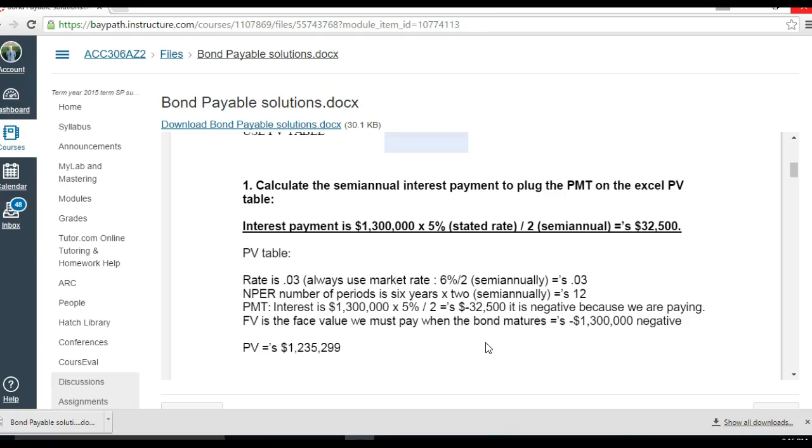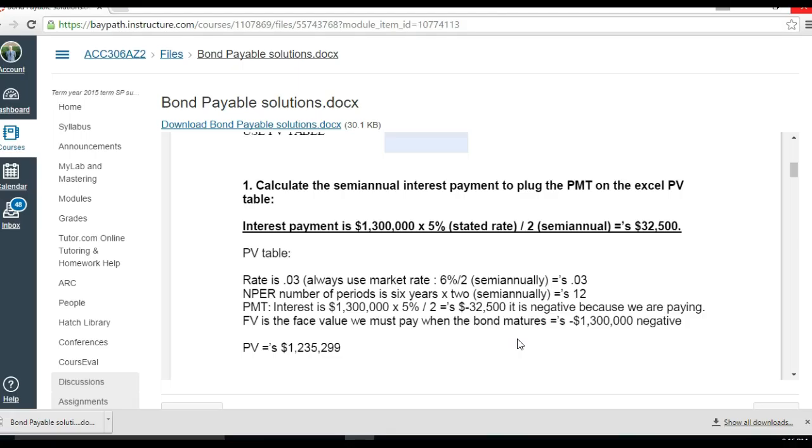In the payment part of your financial present value Excel, you're going to take that same $32,500, which I've shown you how to calculate, and put it in as a negative because it's a payment, an outgoing cash flow.